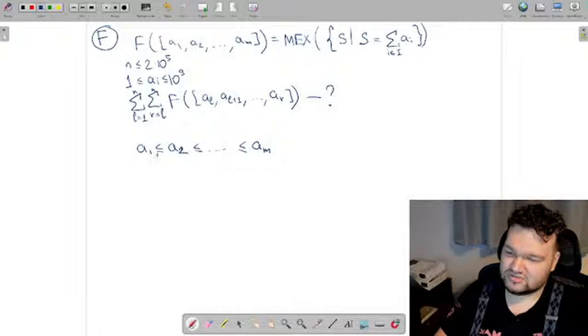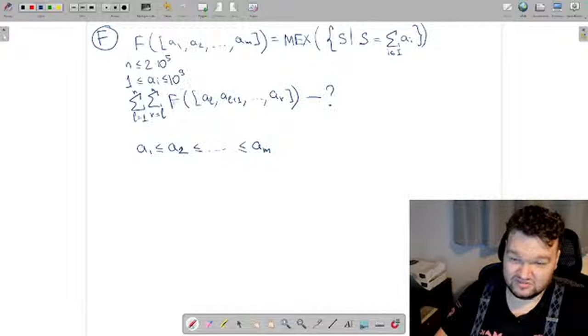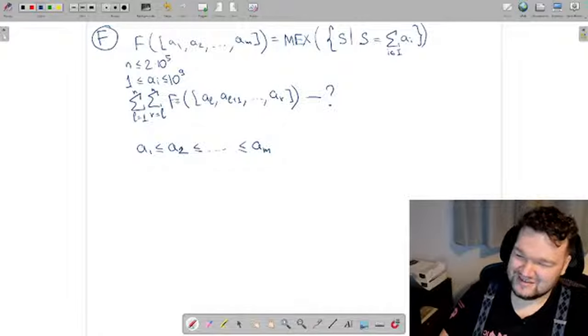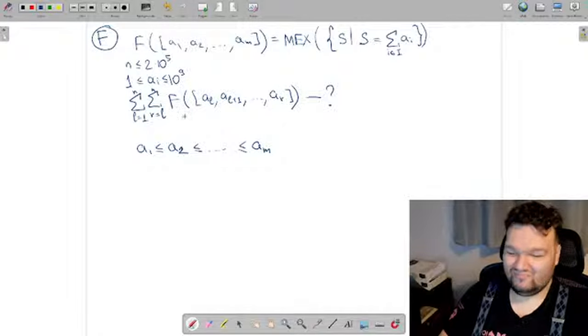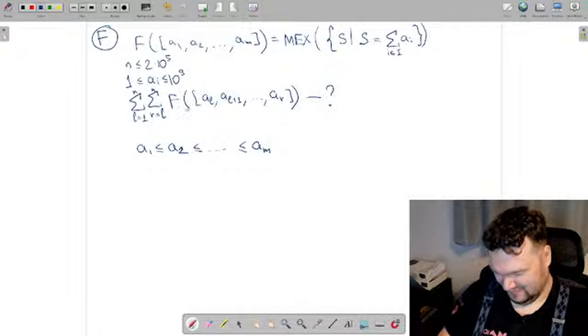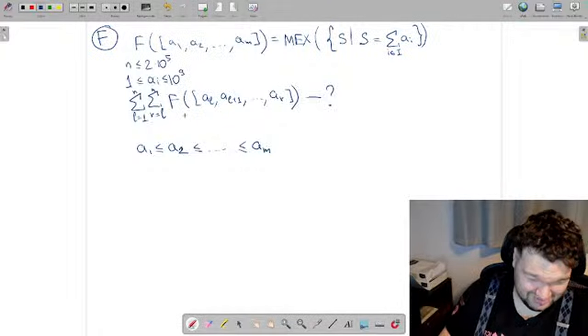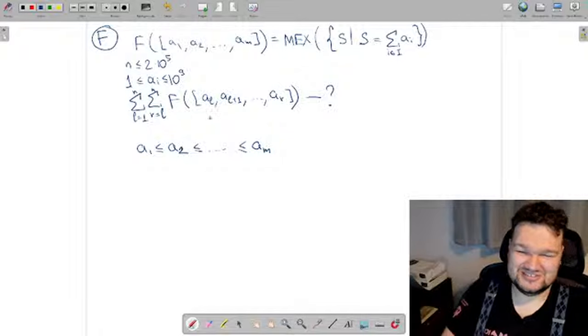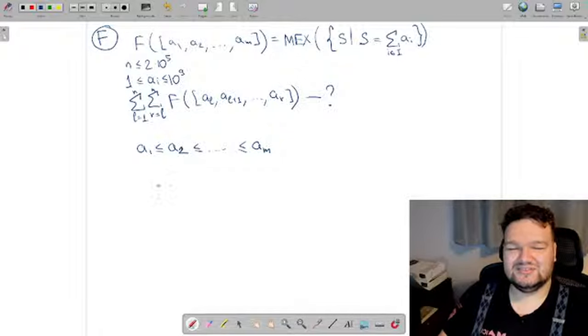I was able to solve for each prefix using a bitset of size 10 to the 9th, or actually more than that, right? And times 10 to the 9th. So no, I don't think you can do that. I mean, you can, but it will not lead to a full solution.